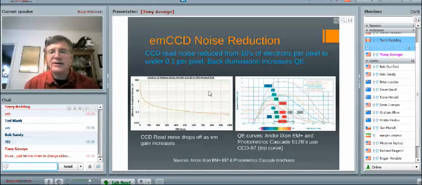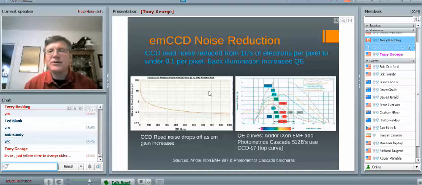In addition, these higher end cameras from Andor and Photometrics use very capable CCD chips, and the top curve of the graph on the right shows the quantum efficiency as a function of wavelength for the Photometrics and Andor top-end cameras that we saw in that picture of the cameras, peaking at a quantum efficiency of over 90%, and the lower curves, the bottom two curves, are the quantum efficiency of the typical type of IOTA camera.